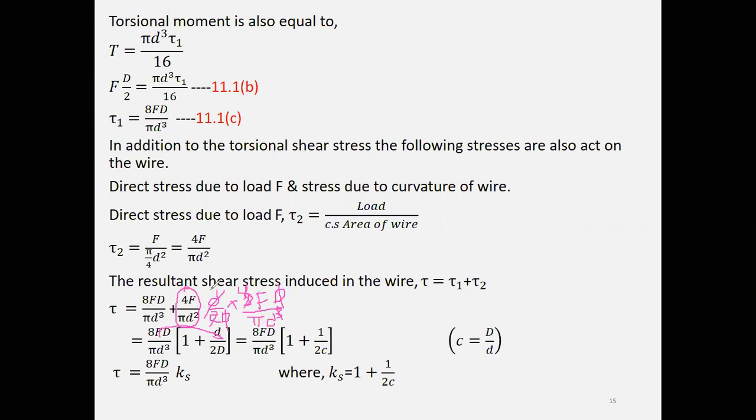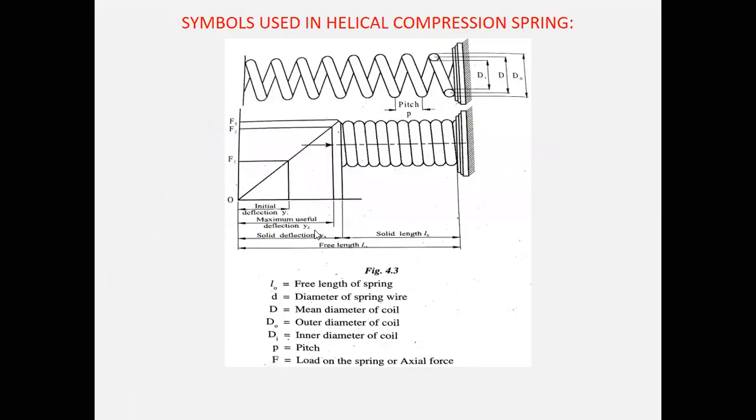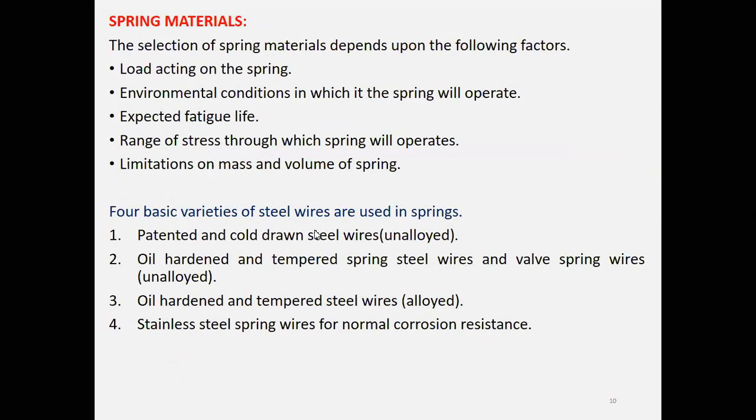Here I have taken this 8F by pi d cube. Once you take that, you will get this term. And you know that this C is there. I have used the definitions.